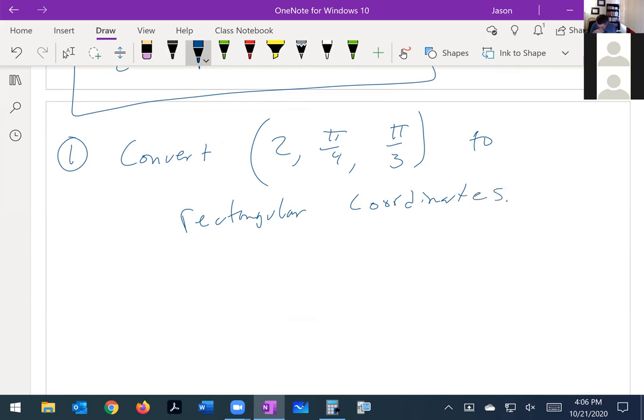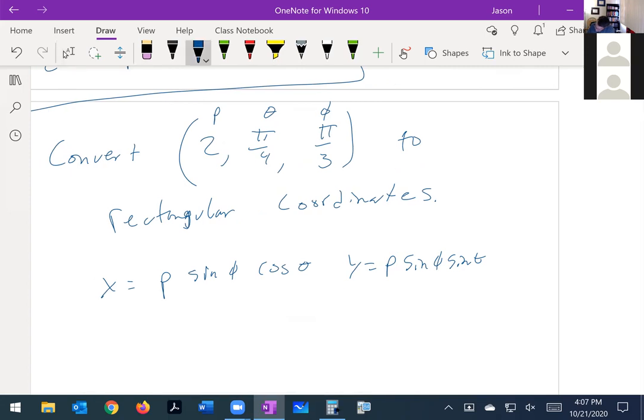This is rho, theta, and phi. We said that x was equal to rho sine phi cosine theta, y was equal to rho sine phi sine theta, and z is just equal to rho cosine phi.